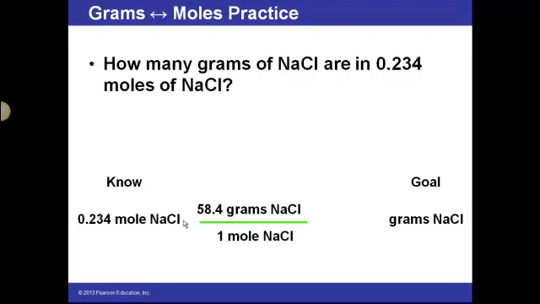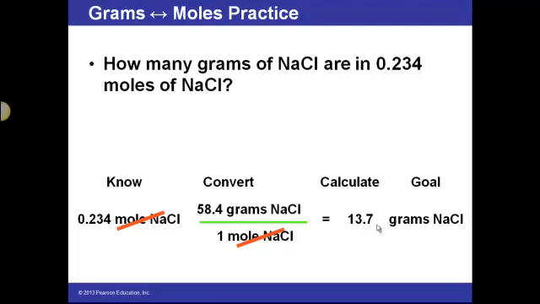So moles are on the bottom, and they're going to cancel out, and we'll be left with our answer in grams of sodium chloride. So 0.234 times 58.4 grams is going to equal 13.7 grams of sodium chloride.